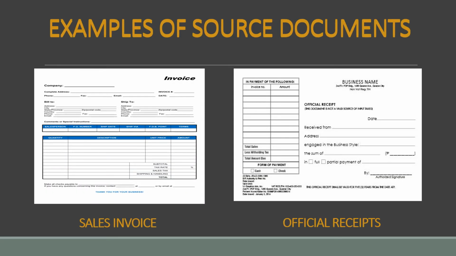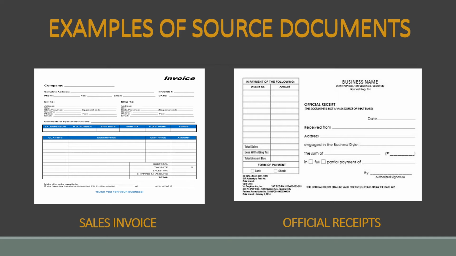So, ano ba yung mga examples ng source document? As you can see, meron tayong nakikitang sales invoices and then official receipts. Ano ba yung pagkakaiba ng dalawang yan? Sales invoices are used for the sales of goods. Depende, sino ba yung issuer? Ikaw ba yung nagbenta ng goods, or ikaw yung bumili ng goods?